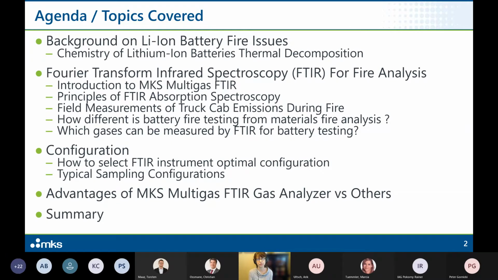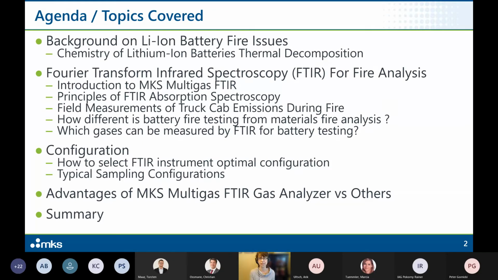The advantage of FTIR is that it's fast, it can measure in real time, and it measures a large number of gases, in particular gases that those more familiar with emissions might not be as familiar with, like HF or HCl, acid gases, and others.